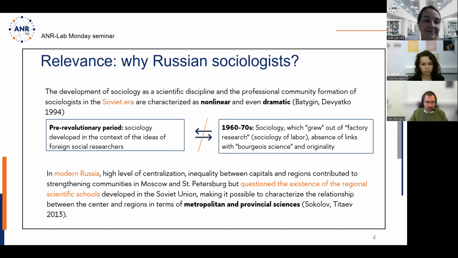But at the same time, if we talk about some field as the collection of different scientific schools, which were developed during the Soviet period, now we can ask some questions about it, because definitely there is an inequality between capitals, between Moscow and St. Petersburg and other regions, and how well these schools are represented in different regions of Russia.